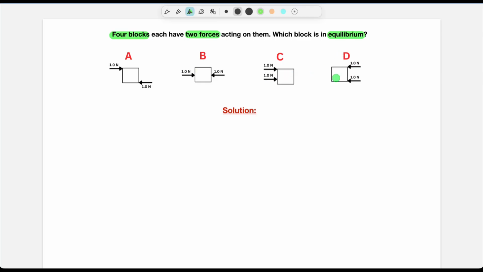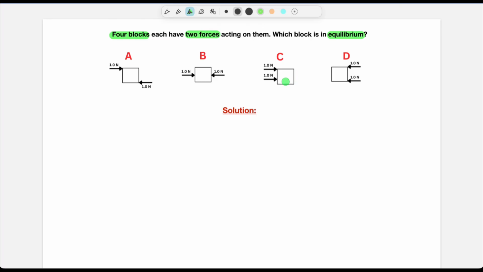And then same with block D, we can see the 2 forces are acting in the same direction on the block. Right away, we can see that these 2 forces on block C are going to add up because they are all pointing in the same direction and acting on the block.